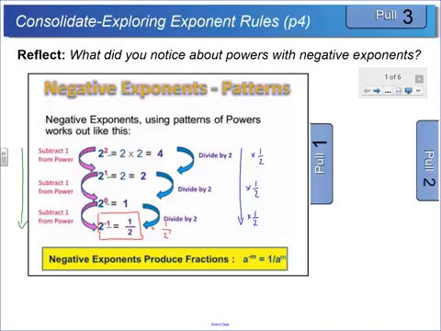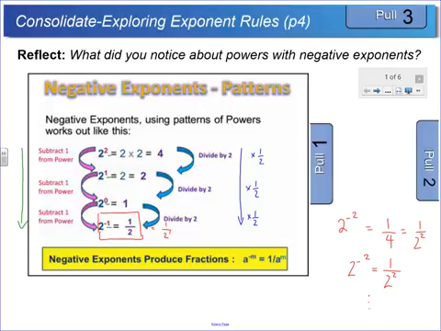Another example of that, if we just go off to the side, if we continue the pattern, we reduced the exponent by 1 and made it minus 2, then by the pattern that would be another half of a half, that's 1/4. 1/4 is also 1 over 2 to the 2. So from that, we can see that 2 to the minus 2 is also equal to 1 over 2 to the 2. And so on with many, many examples.